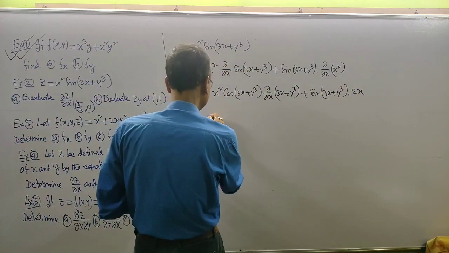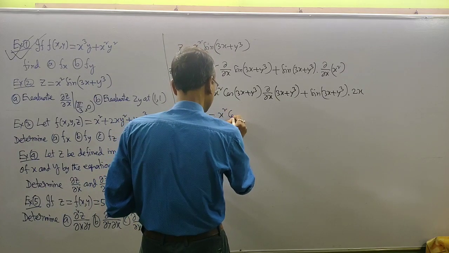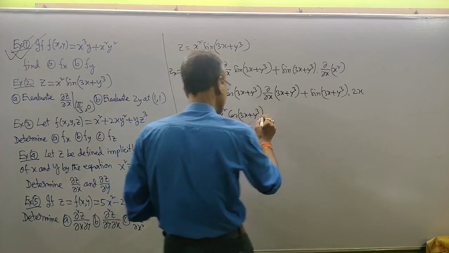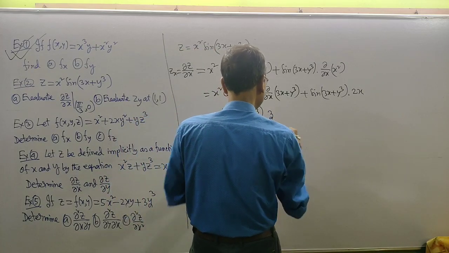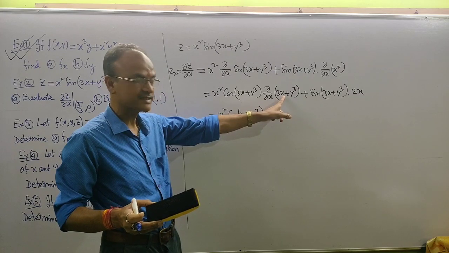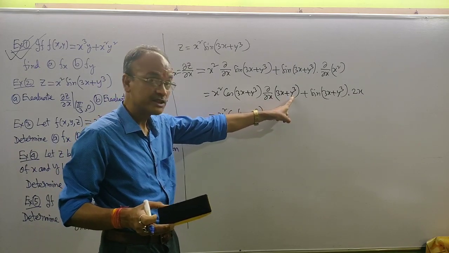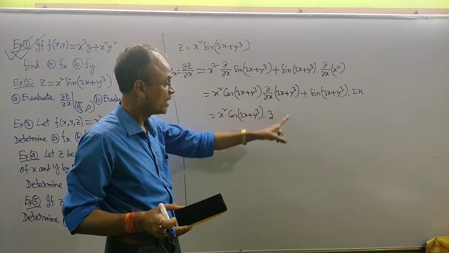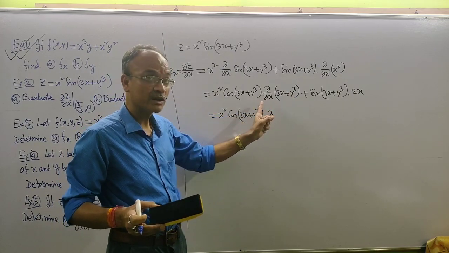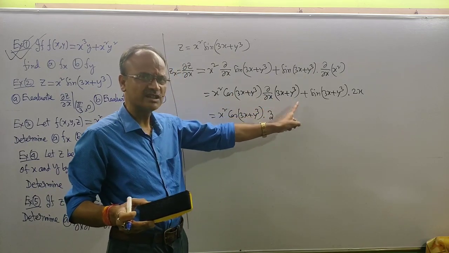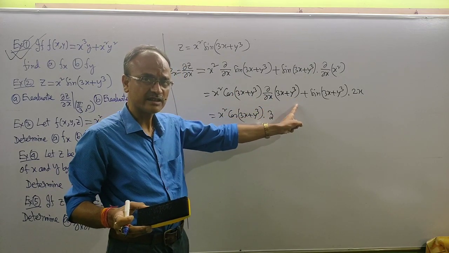This is equal to x square cos of thrice x plus y cube into, it will be 3. Constant into x with respect to x, it will be 3. What is y cube? Differentiation of y cube will be 0. Why is it 0? Because you are differentiating partially with respect to x, you should treat the other variable y as constant.